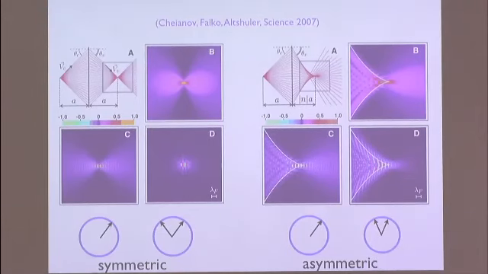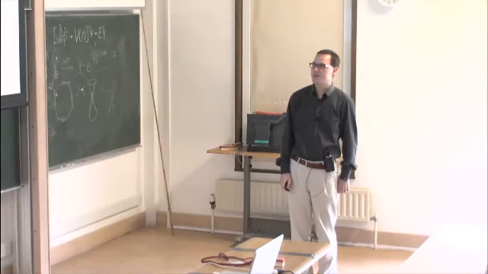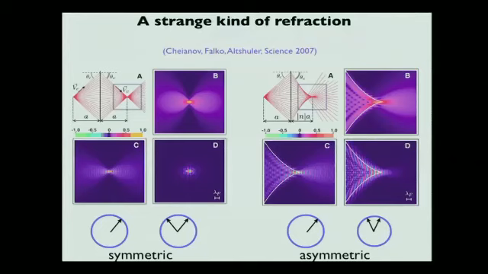Instead of just looking at the electrical current, you can also study what is called the local density of states, which is more or less a direct image of the wave function as a function of position. And again, you see these focusing effects that are predicted for situations like this.